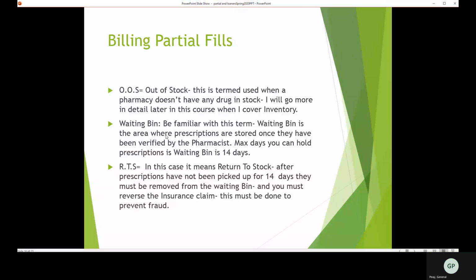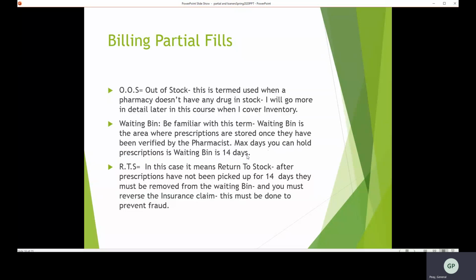I want you to know that the longest you can hold that medication in the waiting bin is 14 days, or 2 weeks. Once it passes 14 days, you have to return that medication to stock and reverse it back out.